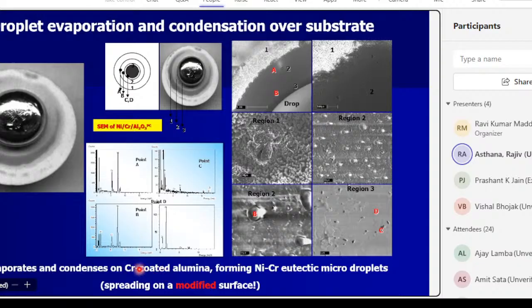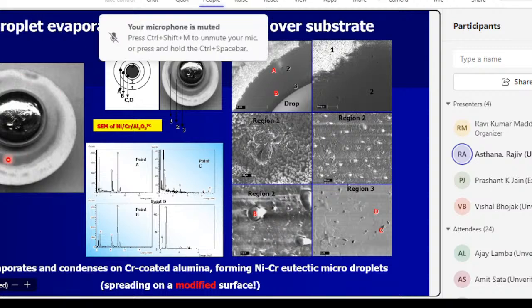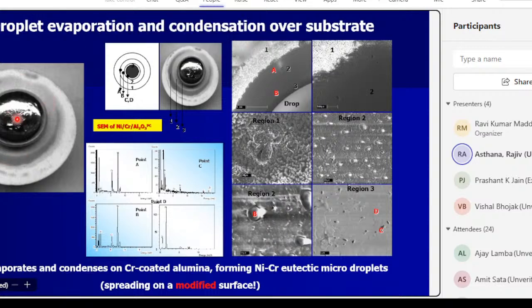So we had a chromium CVD coating on the aluminum oxide substrate. Then we put a solid nickel piece under high vacuum and we melted it. So even before the liquid spread, it evaporated and condensed and modified the surface ahead of the droplet. In other words, the droplet is not spreading on the original surface, but on a modified surface.